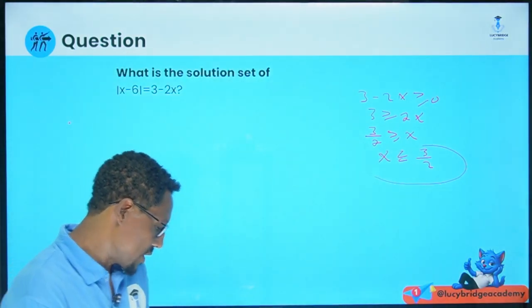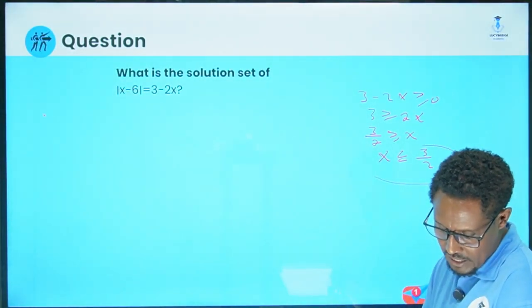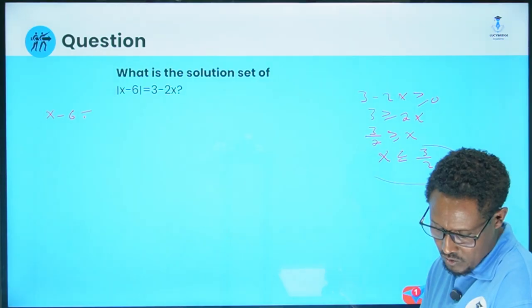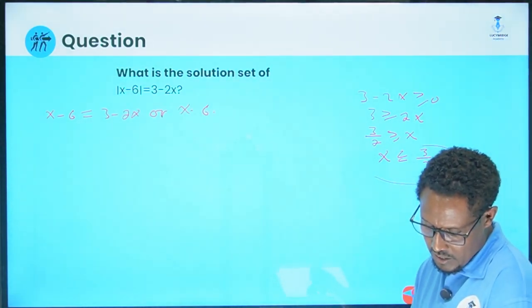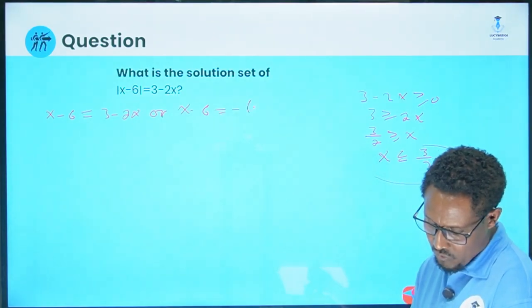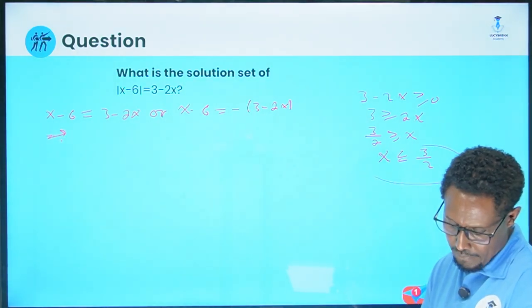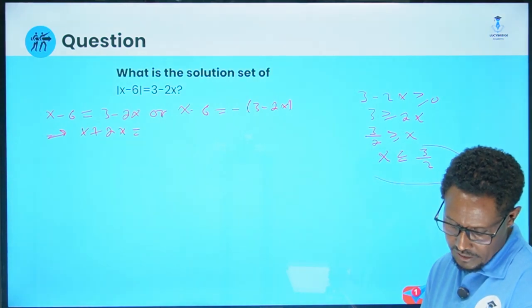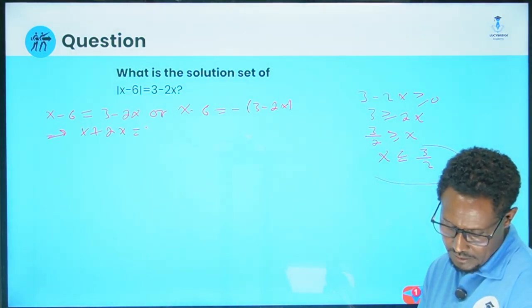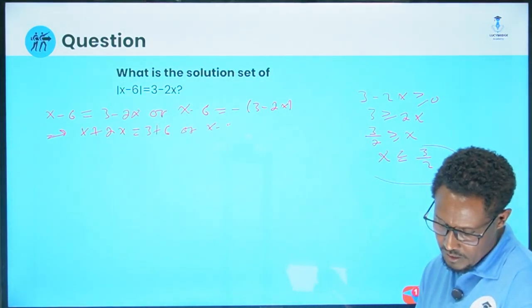Okay, therefore the absolute value of x minus 6 is equal to 3 minus 2x means x minus 6 is equal to 3 minus 2x, or x minus 6 is equal to the negative of 3 minus 2x. This implies that x plus 2x is equal to, collecting like terms, 3 plus 6, or x minus 6 is equal to minus 3 plus 2x.